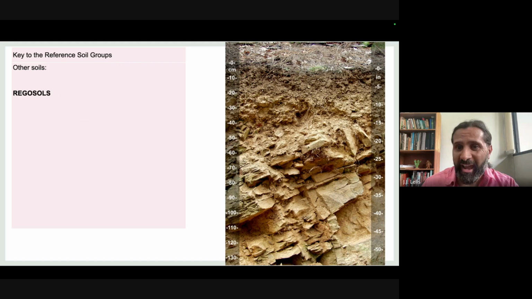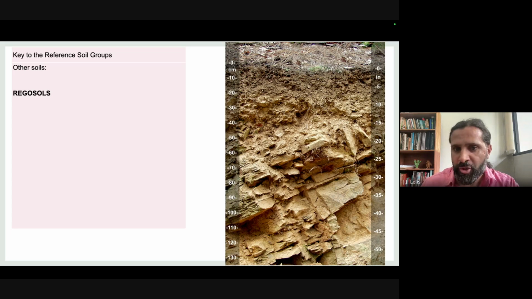It's our last option. Okay, so Regosols are those soils that cannot be classified or do not fulfill the criteria from the previous RSG. Basically it's a soil that does not fulfill the previous criteria.